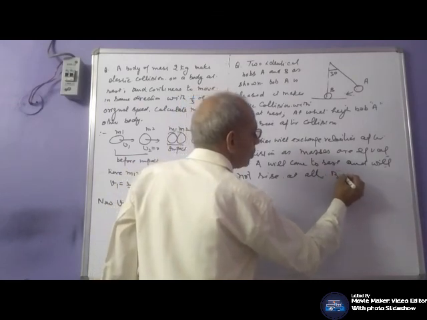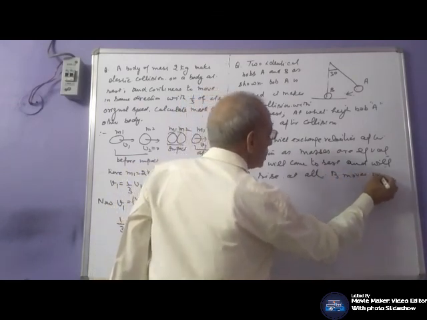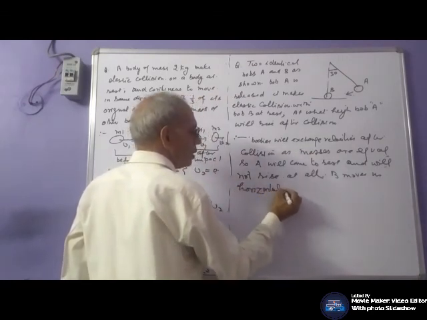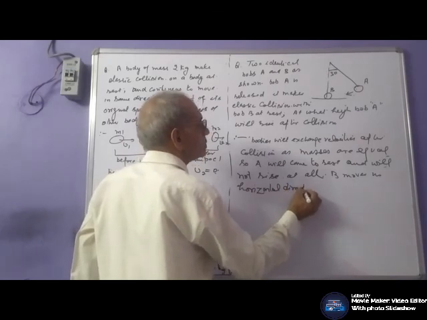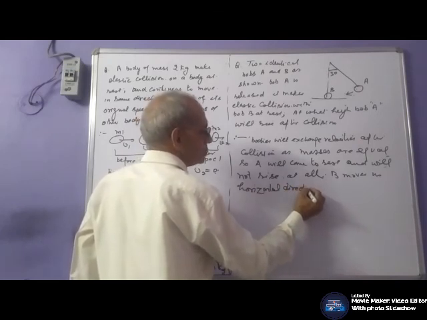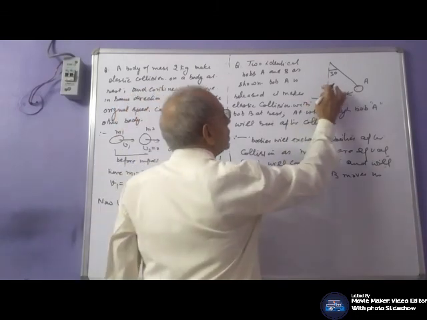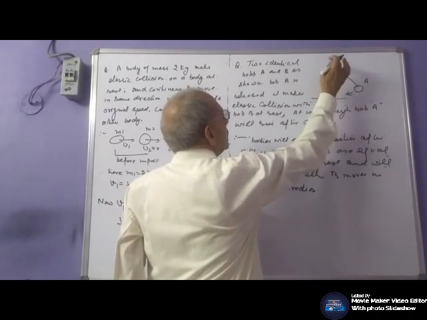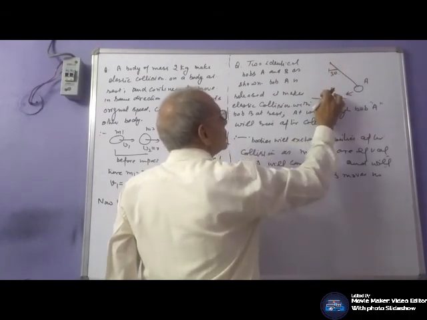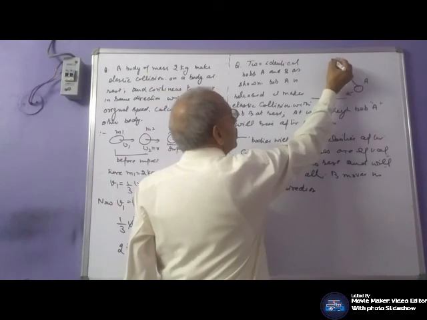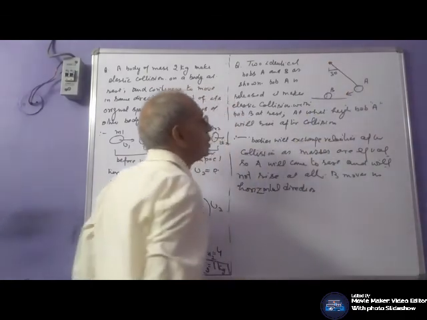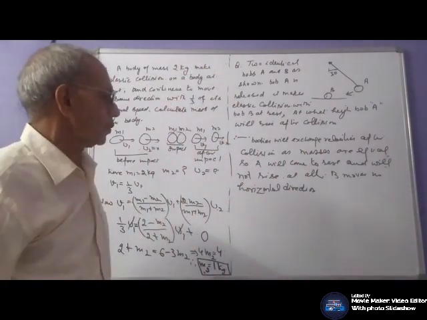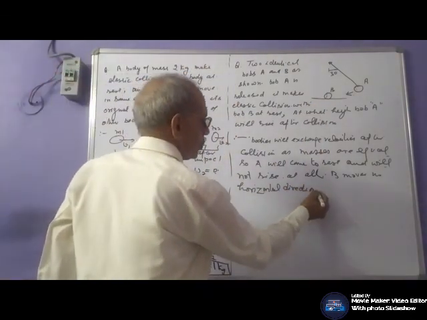And B moves in the horizontal direction. There is no wire here. This B is free to move. This is the point of suspension direction.